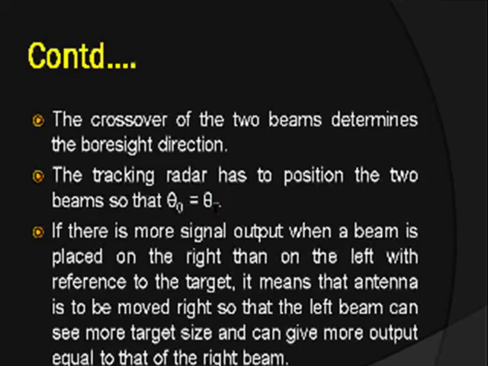The tracking radar has to position the 2 beams so that the target axis and the bore side are made equal.